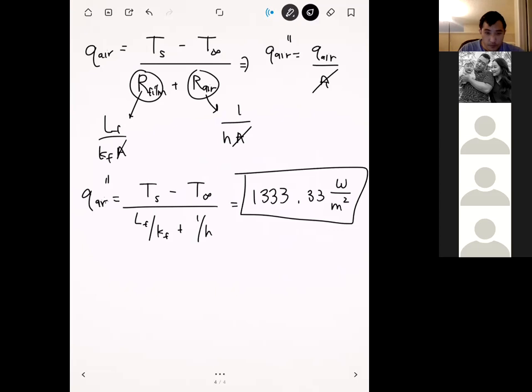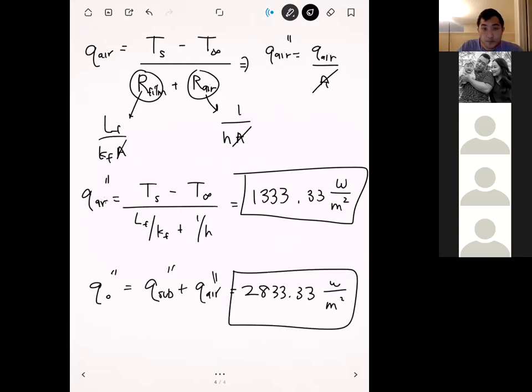Right. And so now that we have Q substrate and Q air, all we have to do is sum those up in order to solve for Q naught. So we have Q naught is equal to Q substrate plus Q air. And then what we get is 2833.33 watts per meter squared.